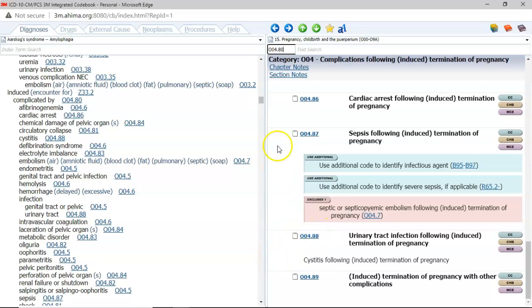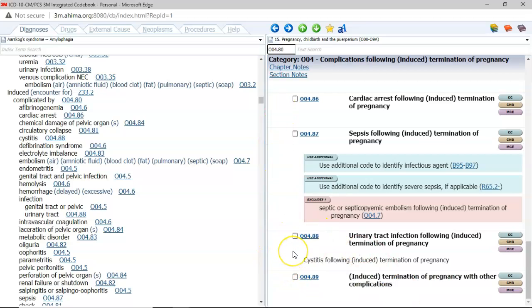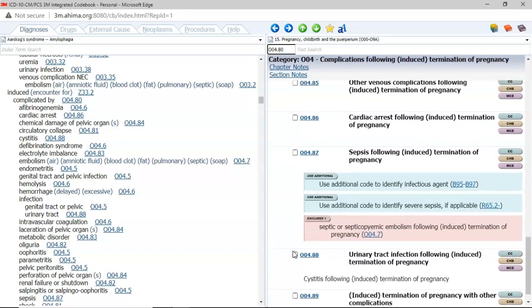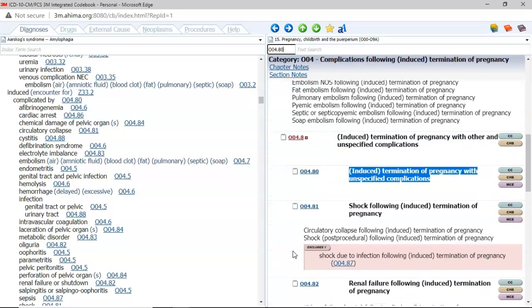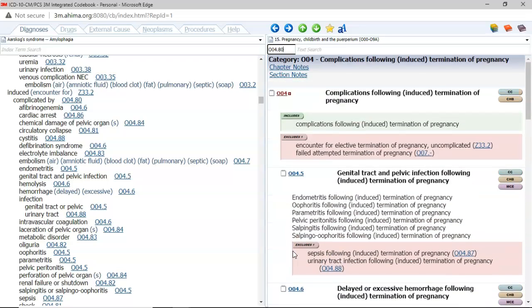And we can see that we do have a code for induced termination of pregnancy with other complications. So we have all of those same terms listed here, but we don't have O04.4.